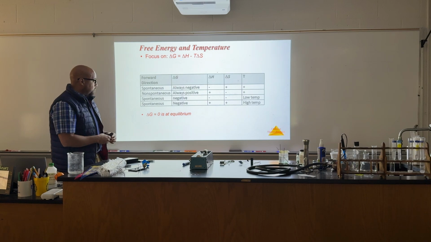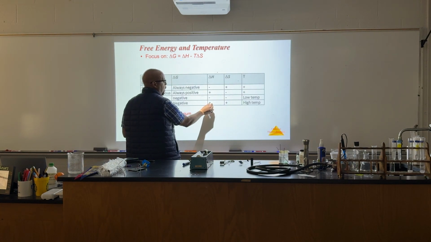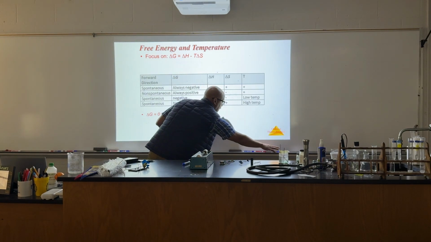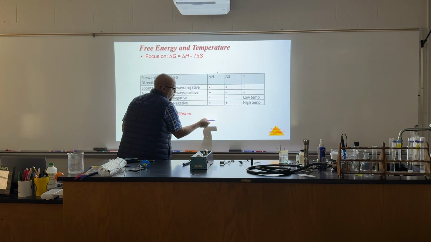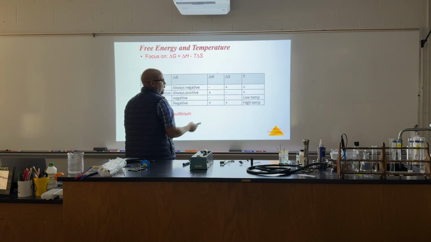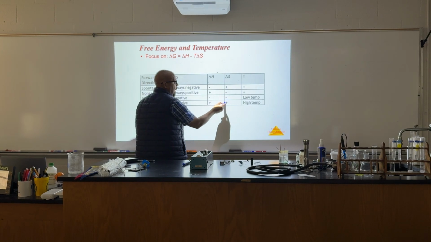But at the same time, if I have a delta H that happens to be positive, which once again goes against Mother Nature, that simply says, hey, I'm taking something at low potential energy and I'm moving up to high potential energy. That's not what Mother Nature does spontaneously. But at the same time, I'm going to help Mother Nature out because I'm going to add more disorder.